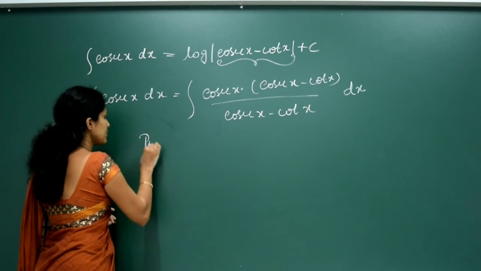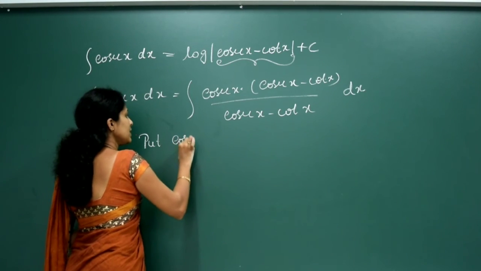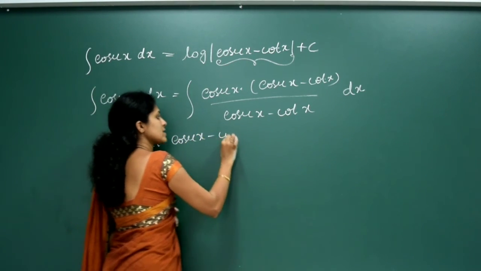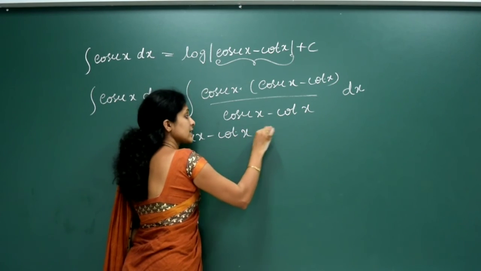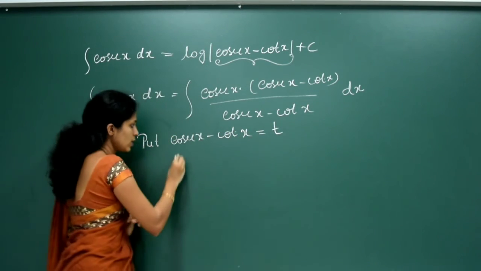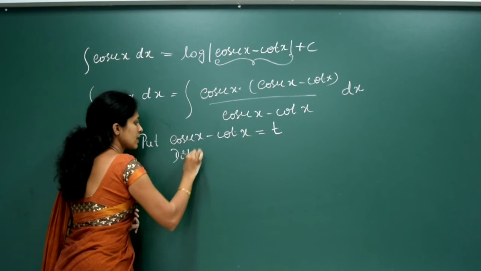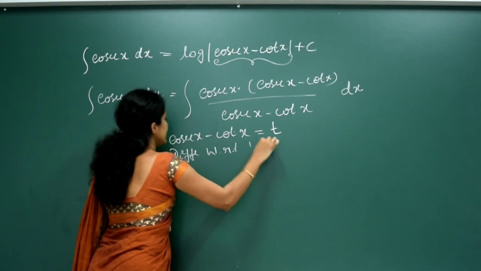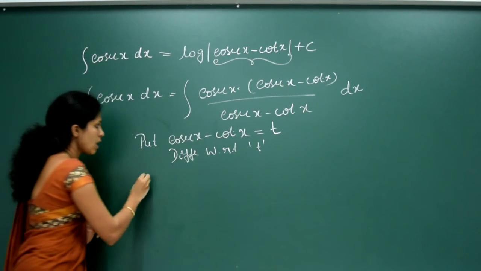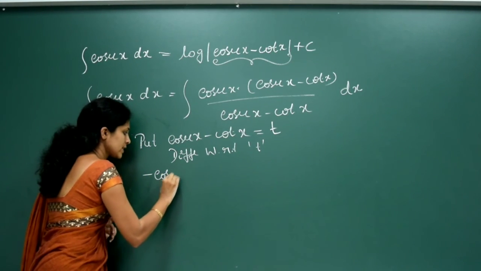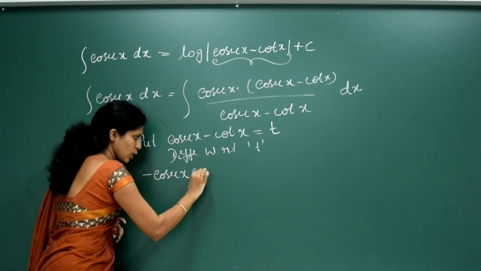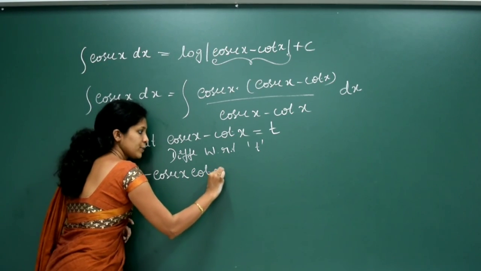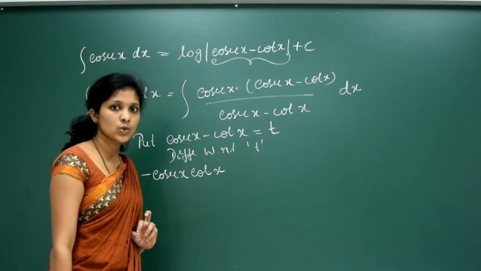Now we have to give the substitution: cosecant x minus cot x. So we will give that. Put cosecant x minus cot x equal to t. Now differentiate with respect to x. The derivative of cosecant x is minus cosecant x into cot x, and the derivative of cot x is minus cosecant square x.